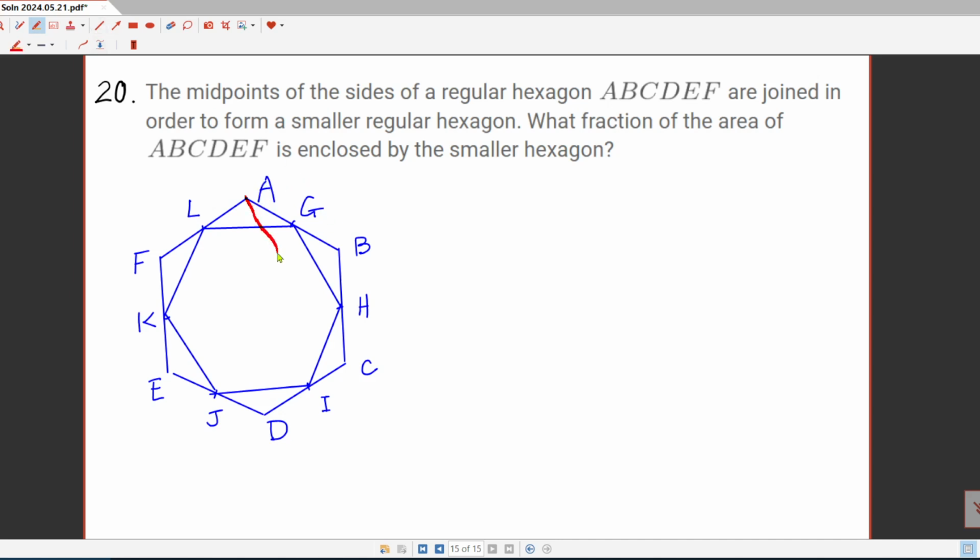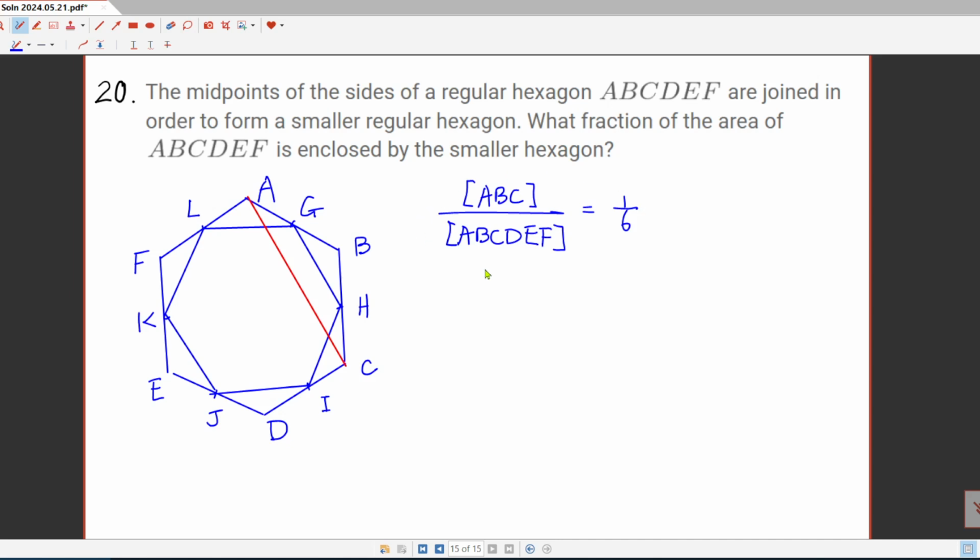If you connect A and C, it's easier to find the ratio of the area of ABC to area ABCDEF, right? Can you recall that? And we know that area is 1/6, right?